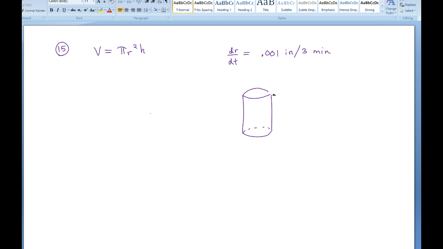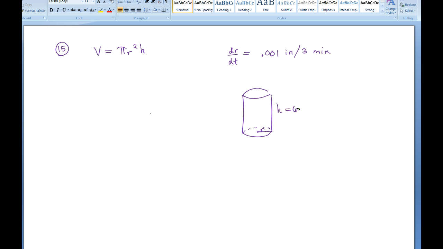So here, it says it's reboring a 6-inch deep cylinder. Is that going to be our height? I think that's constant. They're taking it, it's 6 inches deep, but they want to increase the radius.